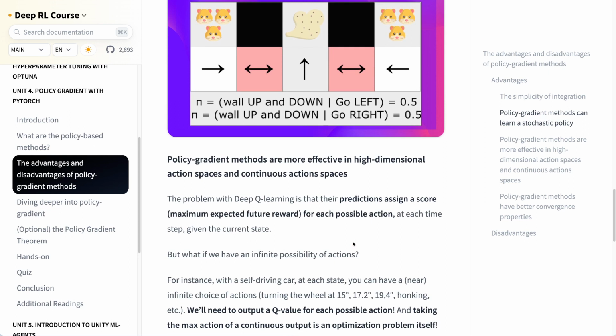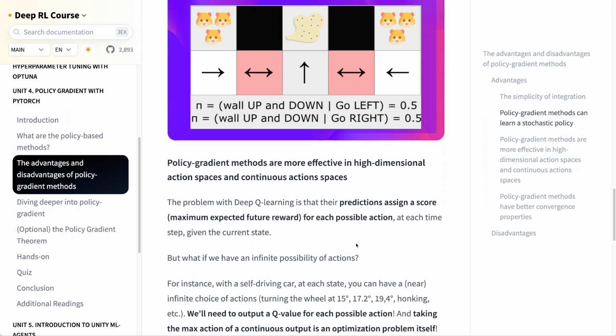Policy gradient methods are more effective in high-dimensional action spaces and continuous action spaces. The problem with Deep Q-learning is that its predictions assign a score, the maximum expected future reward, for each possible action at each time step given the current state. But what if we had an infinite number of possible actions?